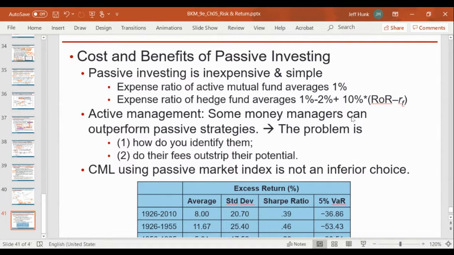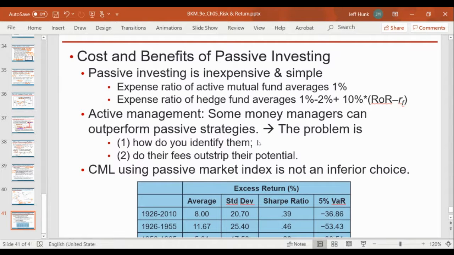Unless they are doing an extremely superior job. If you put your money with hedge funds, active management, some money managers can outperform passive strategies. Yes, true.